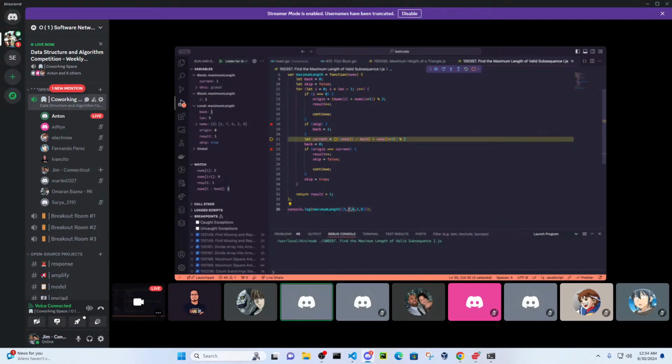So it doesn't work, and in this way we need to skip 6 and continue to check the previous 7 with the next element, 2. Current will be again 1, so we don't need that.